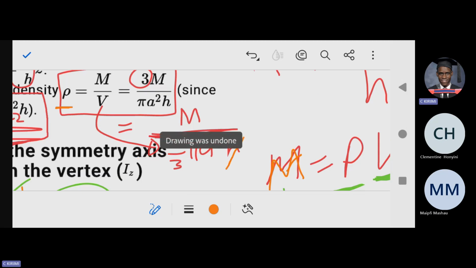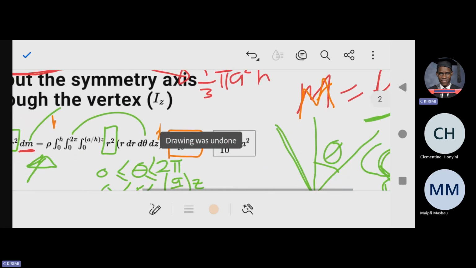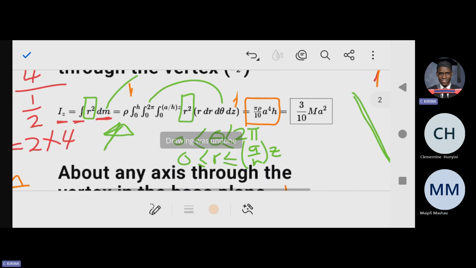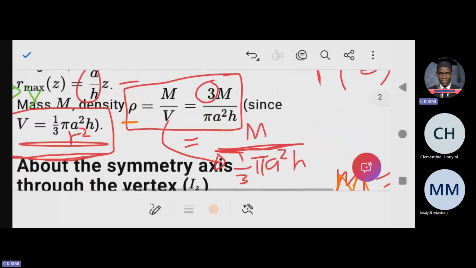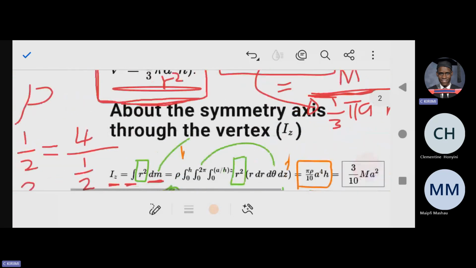So that you see what you are going to be left with, because this is what you already have. Instead of writing that rho p, we replace it with what we already have, which is 3m.